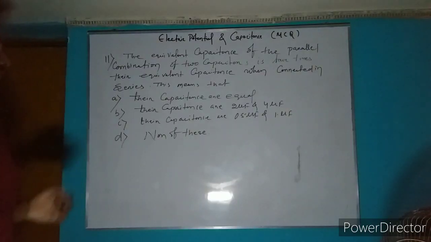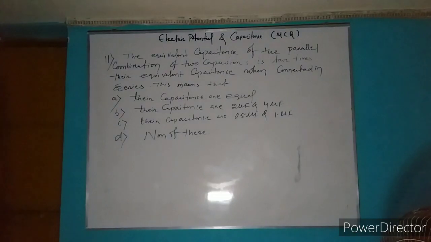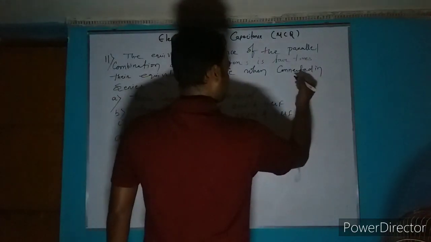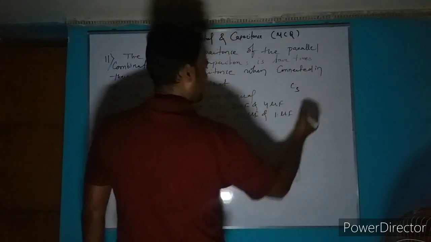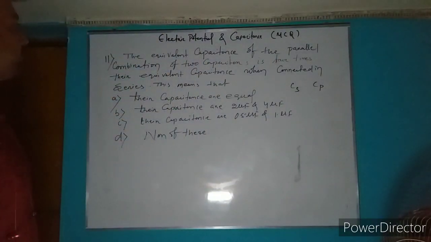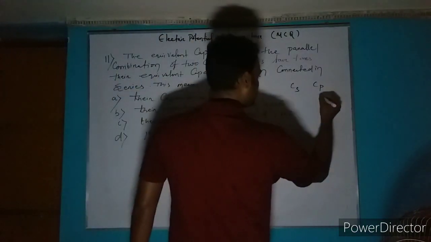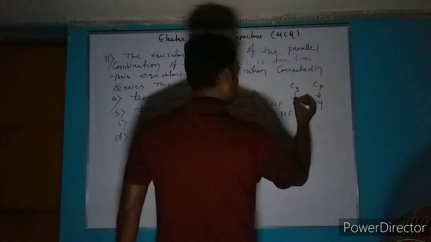Suppose the capacitance of the series connection is CS and this is CP. According to the question, CP is 4 times CS. That means if you assume CP is 4, then CS is 1.